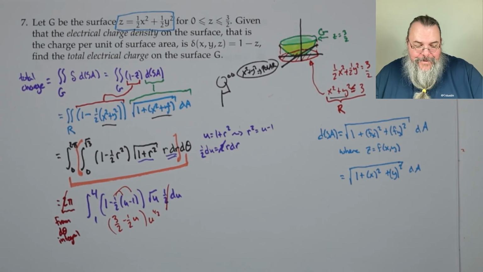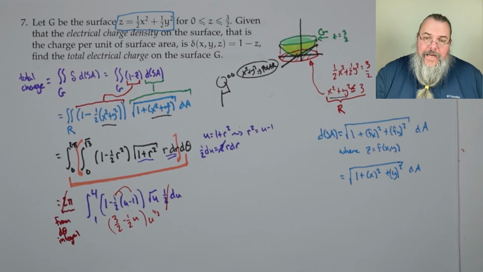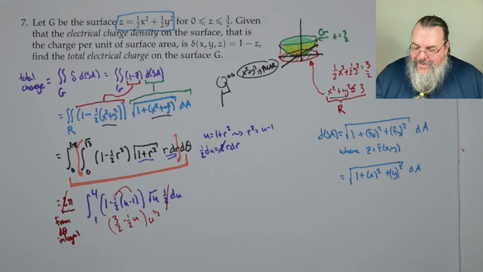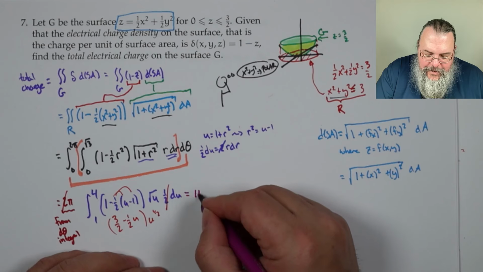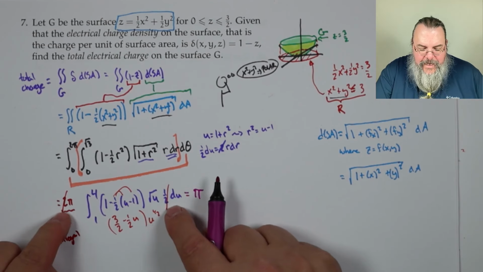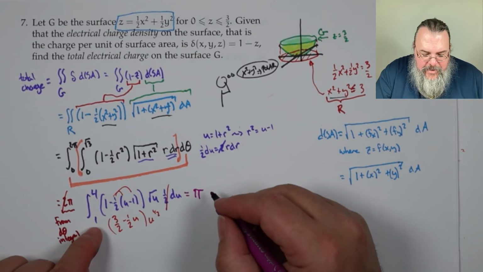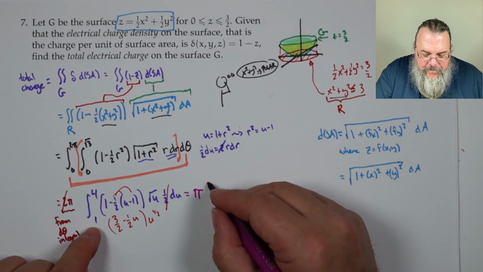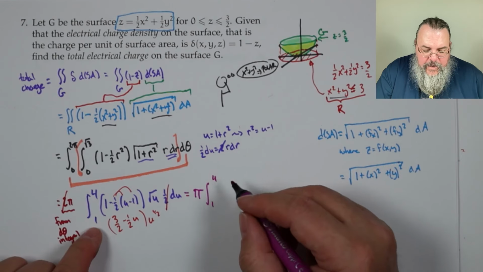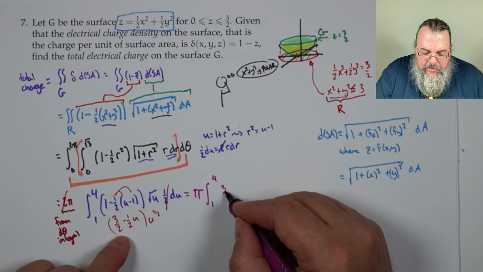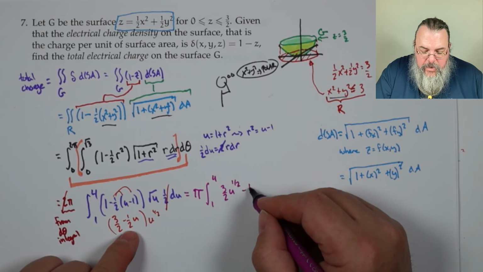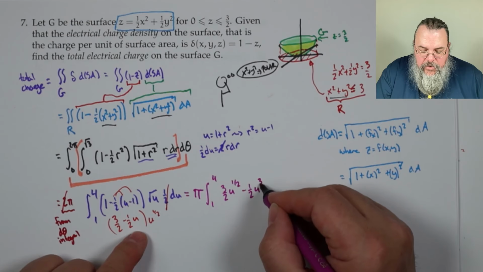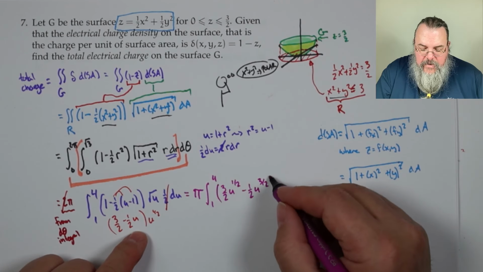This is equal to pi, because we've got the 2 to cancel, and then we haven't done the integral yet, so the integral from 1 to 4 of 3/2 u to the 1/2 minus 1/2 u to the 3/2 du.